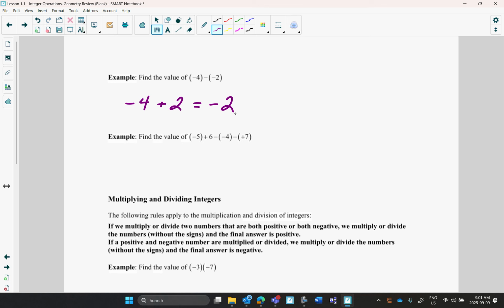Apply the same thinking if you're adding a whole bunch of numbers in parentheses with two signs beside each other. What would this whole thing look like without parentheses?